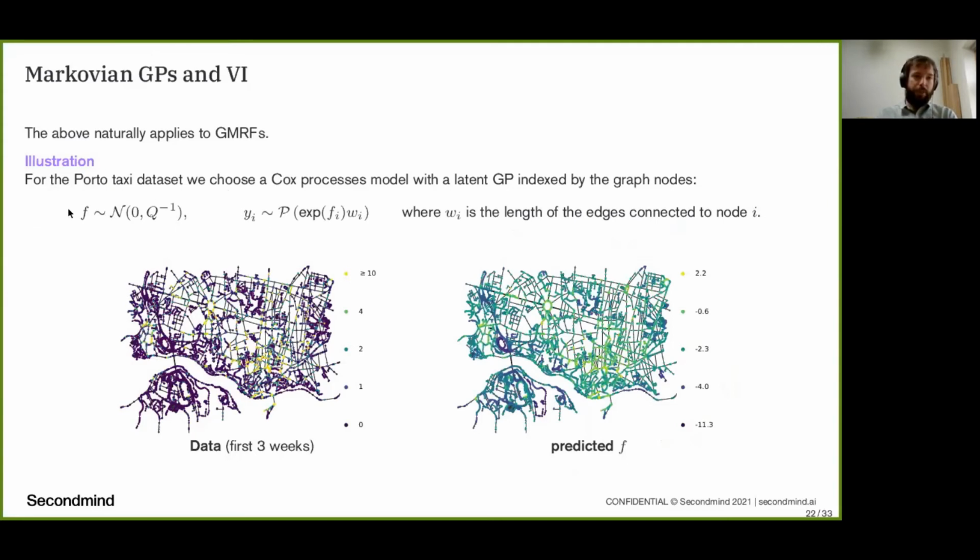So the GP has a Markov structure, Q is a banded matrix, and the observations are a Poisson process with a rate equal to the exponent of f and the weight that comes from the length of the edges going to the node. This is the kind of data that we observe: the number of taxi pickups for any given node on the graph. Using this data, we can perform variational inference and derive the posterior for f.